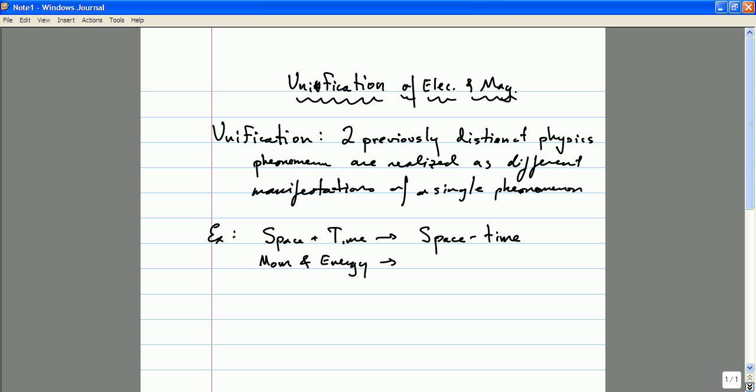But one of the things that we have discovered is that, in fact, what you call energy and momentum is a frame-dependent, that is to say observer-dependent, statement, and that these are really just different manifestations of a single, more fundamental quantity, which is the energy-momentum 4-vector that we discussed over the last week or two in this class. So these are two examples of unification in physics.